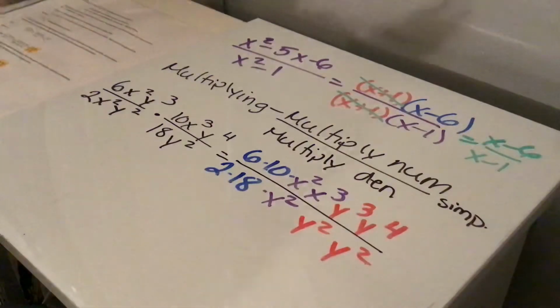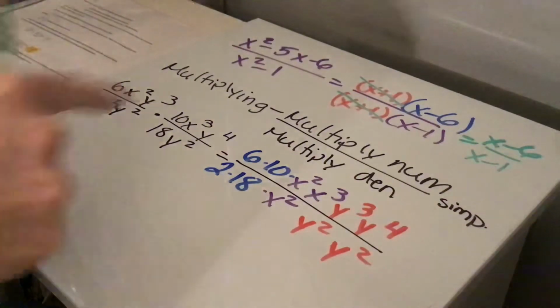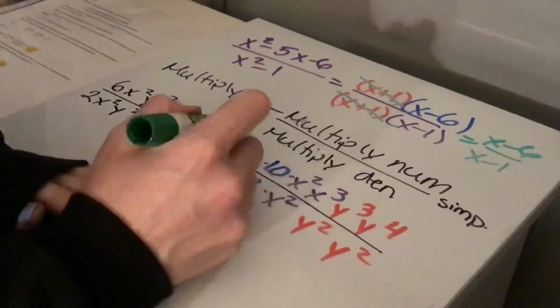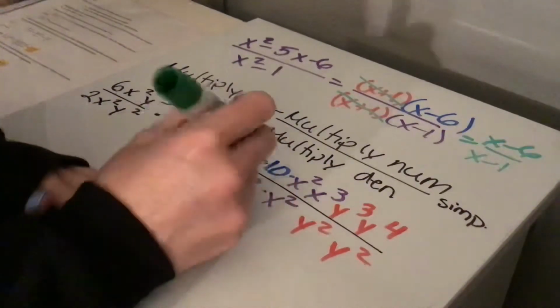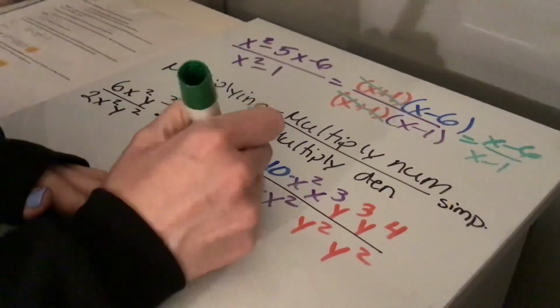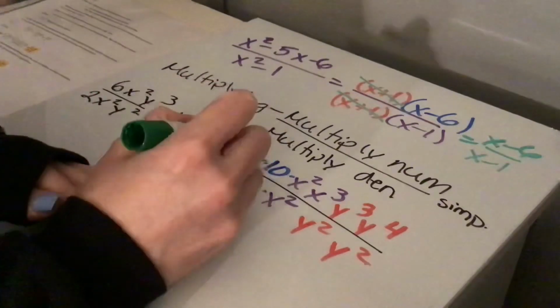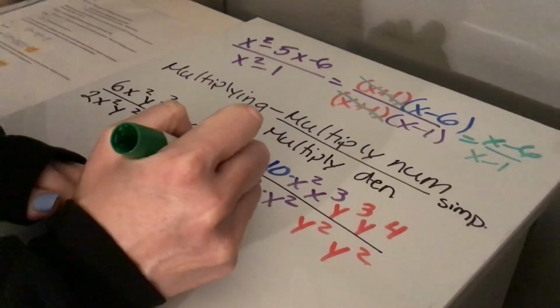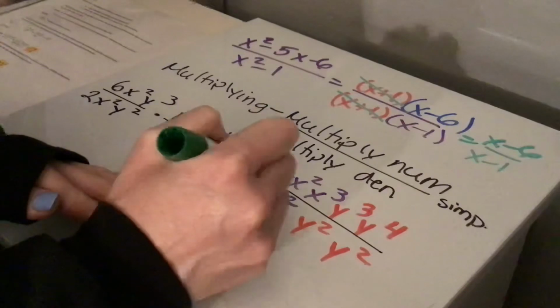Then simplify. Looking at the numbers, we could do 6 times 10 and 2 times 18 and then simplify, but I'm going to simplify within here. So 6 is 2 times 3, so we're going to cancel out the 2, and then 3 goes here.